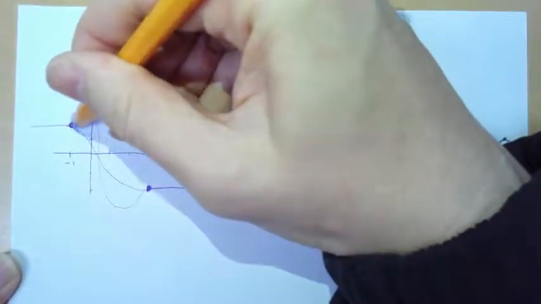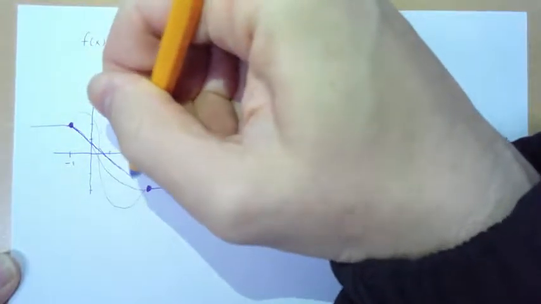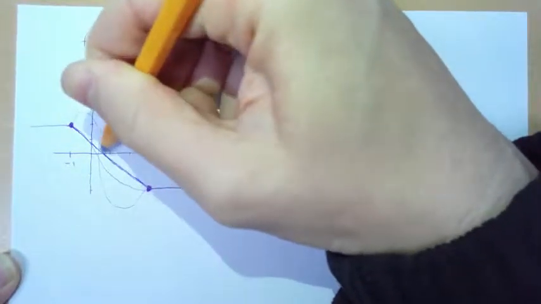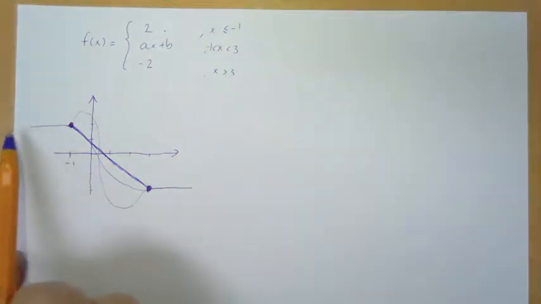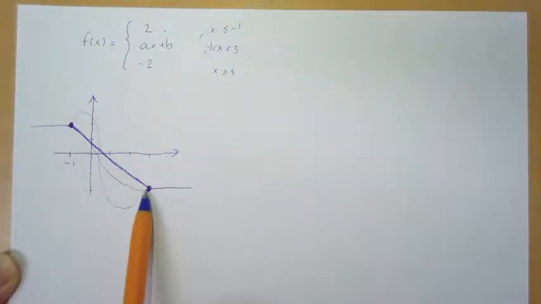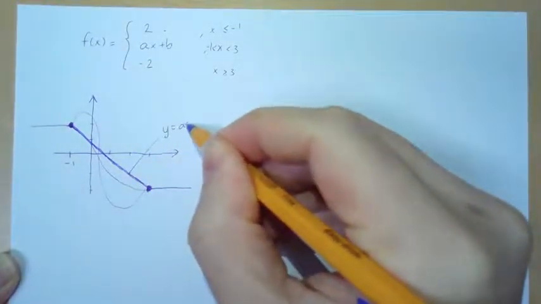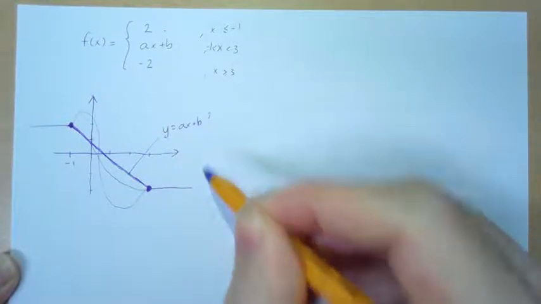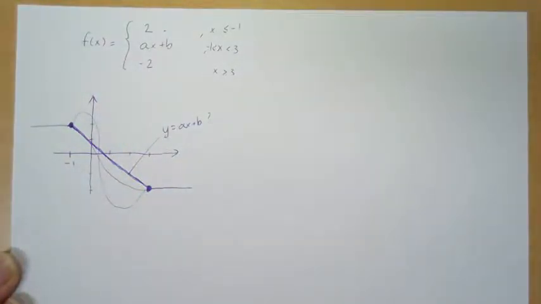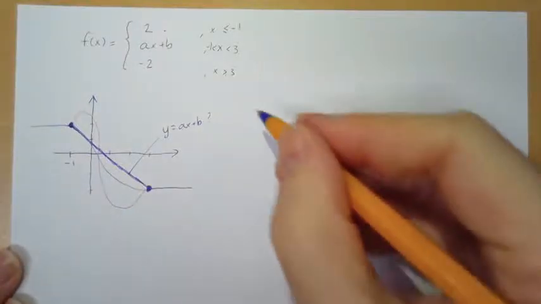But for the moment, what we're going to need to find is a line. So it makes an angle here and it makes another angle here. But the question is, what is the equation of this line? When we're looking for the equation of a line, we want a point and we want a slope.